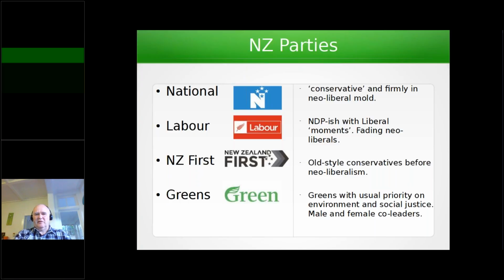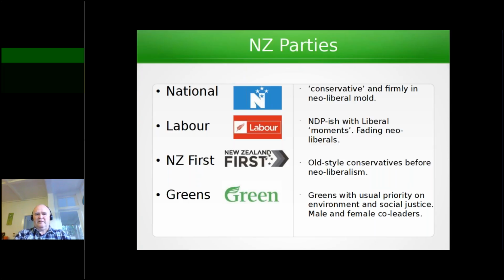but because they're one of the two major parties, I'll say that they have liberalish moments where suddenly they're not very Labour at all and everyone's scratching their heads. But I'd call them fading neoliberals, because their experiment with neoliberalism in the 80s just about killed them. And there are people still in that party who didn't go to ACT, who are holding those views, the sort of Tony Blairite third way type people.